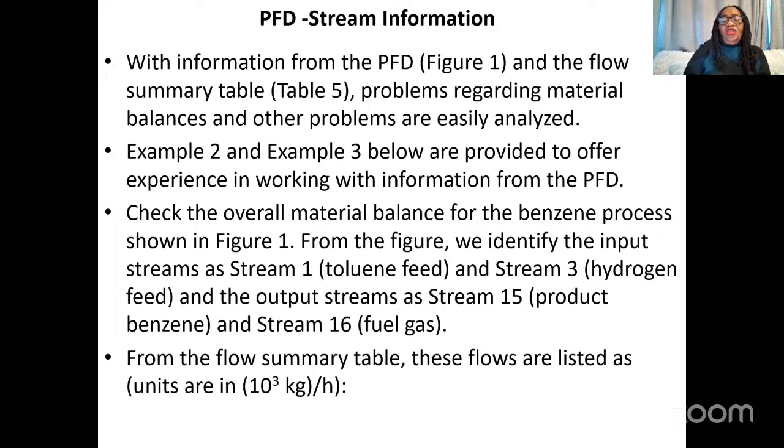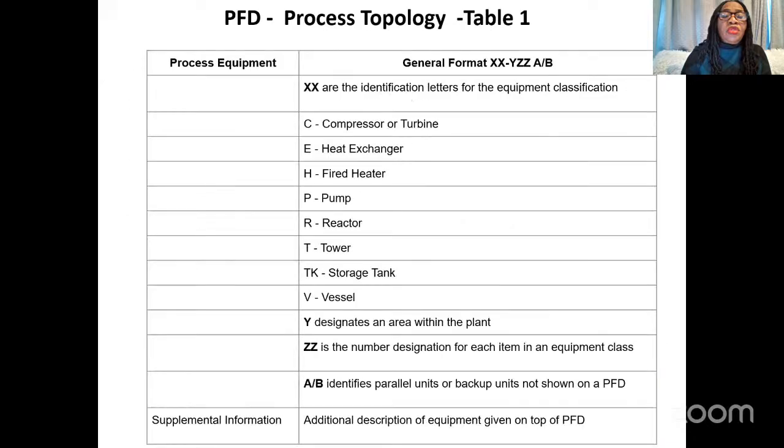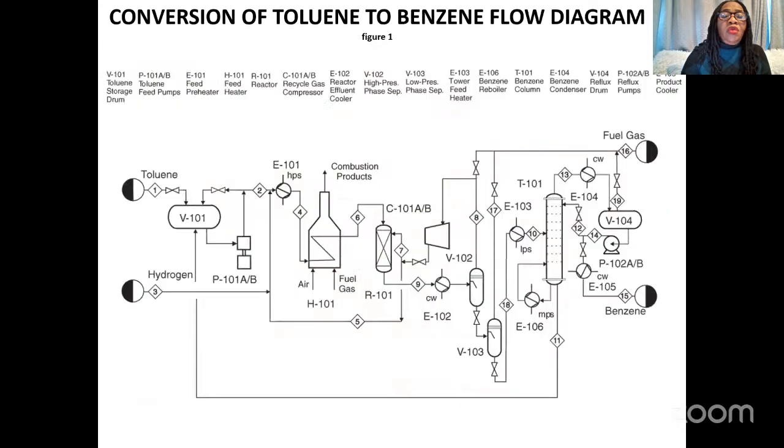Let's see how we can solve the problem. I want to go back and show you the different feed streams and then the different output streams. So let's go back to figure 1. You see here the toluene feed stream, diamond 1. For hydrogen it is diamond 3.